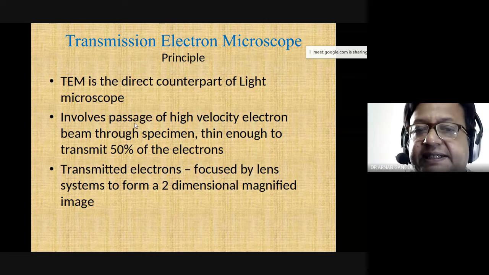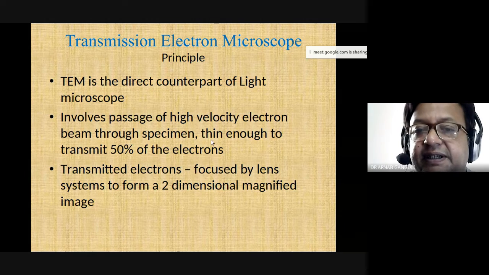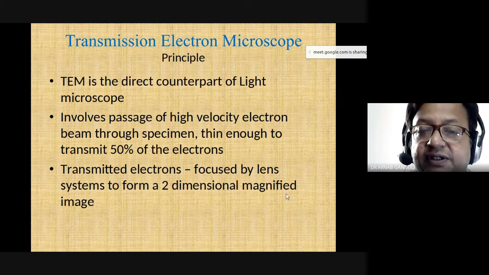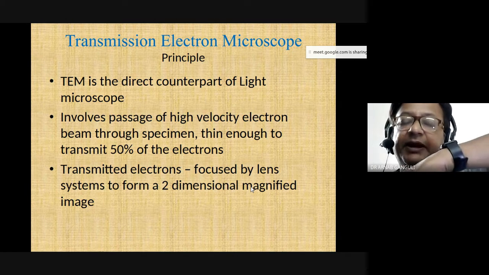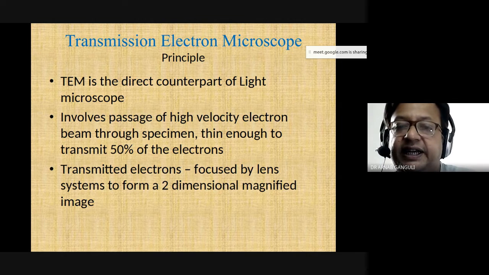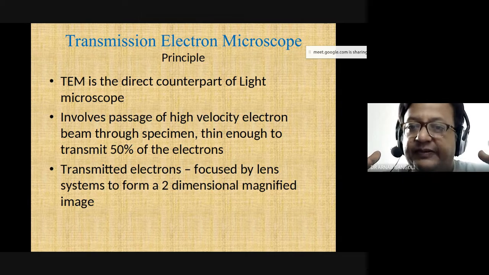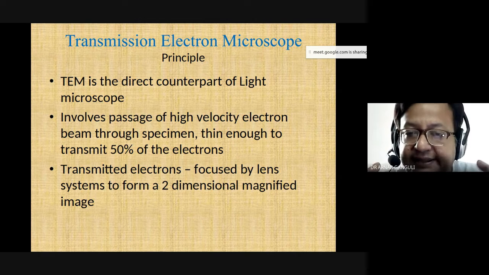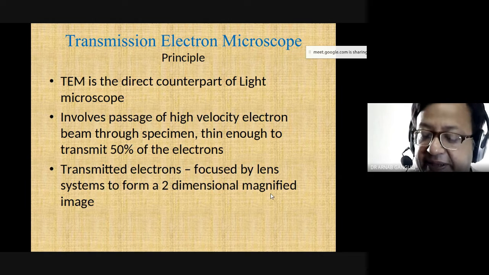It involves the passage of a high velocity electron beam through a specimen thin enough to transmit 50% of the electrons. So through the specimen, you give a high energy electron beam, 50% is transmitted, and the electrons are focused by an electromagnetic lens to form a two-dimensional magnified image.